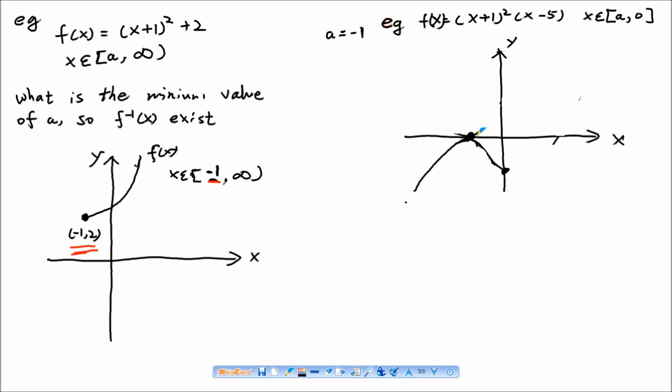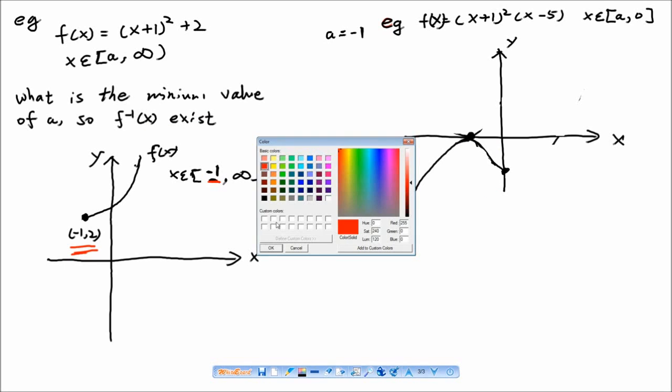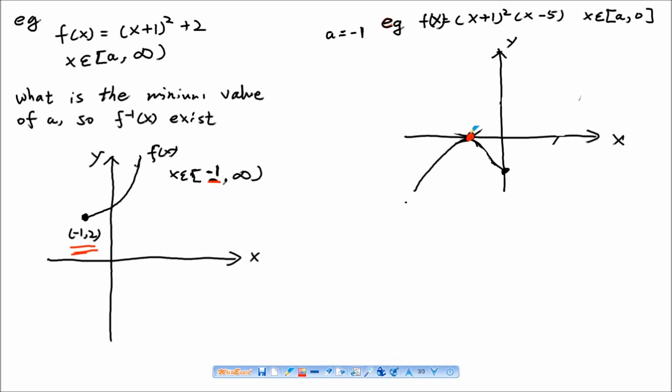They ask what is the minimum number of a so that it is a one-to-one function and an inverse function exists. The right answer is always to find the x coordinate of the turning point, in this case -1. So a will be -1, and the function would have an inverse function. That's the trick.